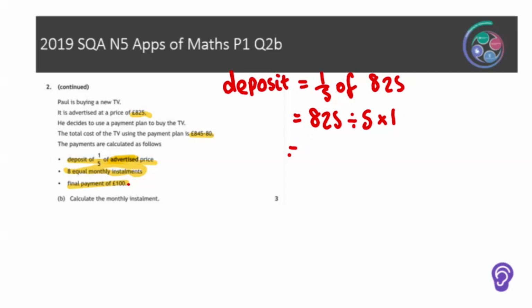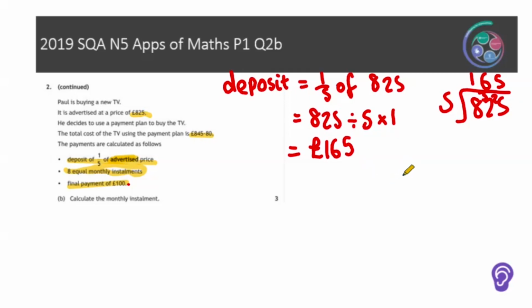So 825 divided by 5, it's going to be 1 with the remainder of 3, and then 32 divided by 5 is 6 with the remainder of 2, and 25 divided by 5 is 5. And then 165 times by 1 would be £165 for my deposit.